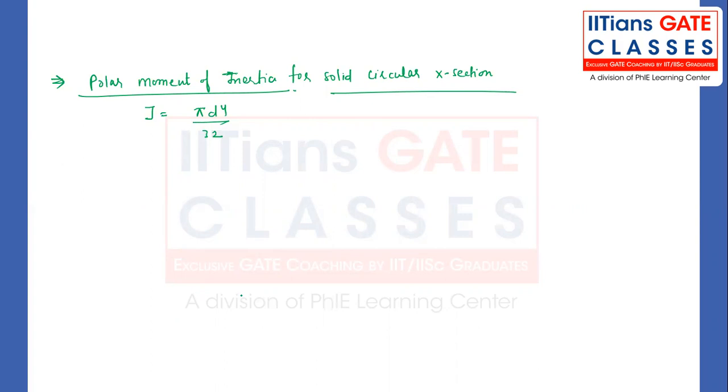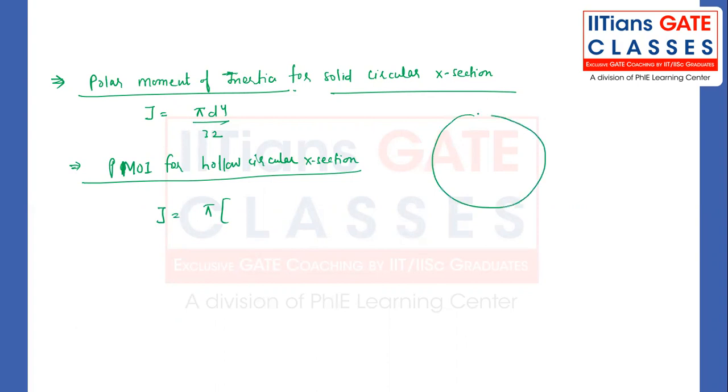Right? What about the polar moment of inertia for a hollow circular cross section? For hollow circular cross sections, note down the formula, something like this.